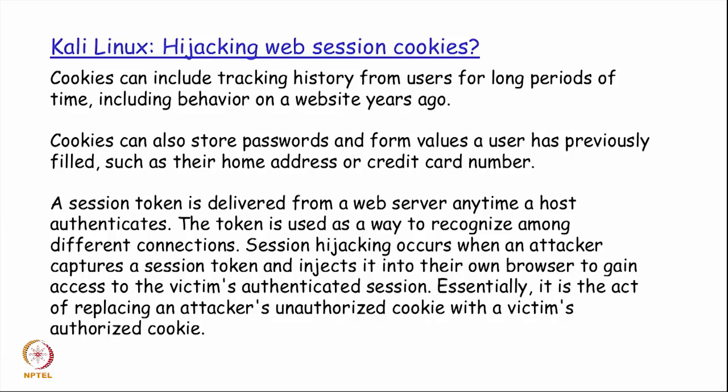So, cookies can include the tracking history of users for long periods of time, including behavior on a website years ago, right. This is what we were discussing just now with the example of amazon.com. Cookies can also store passwords in some places which are not that secure, and form values a user has previously filled, right.